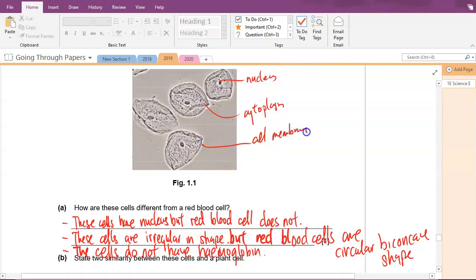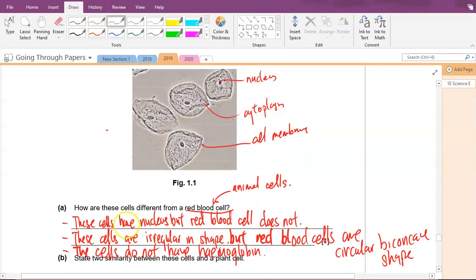Now, of course, the first question, how are these cells different from red blood cells? Do take note, red blood cells are also animal cells. However, they are specialized cells. So what is the first thing that I'm going to highlight in terms of the specialization? So first thing is that these cells actually have nucleus, but red blood cell does not. So really the difference is about the nucleus for the first item.